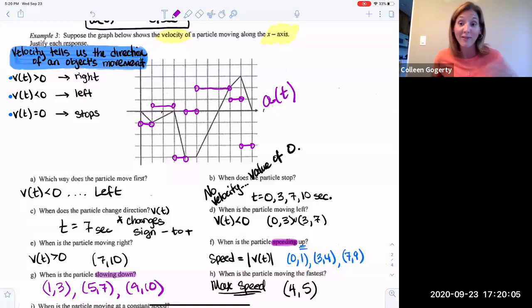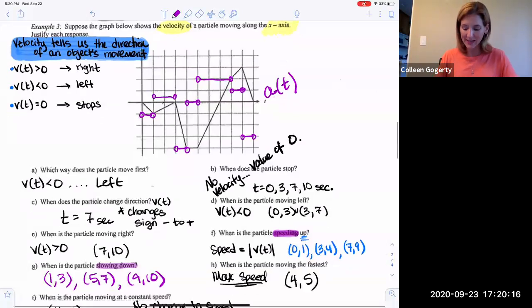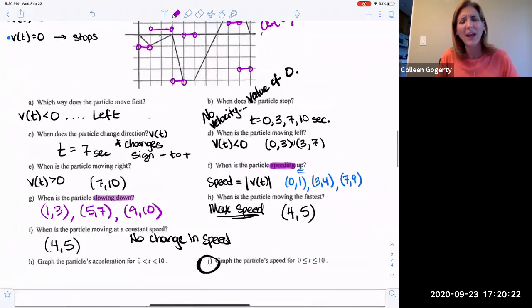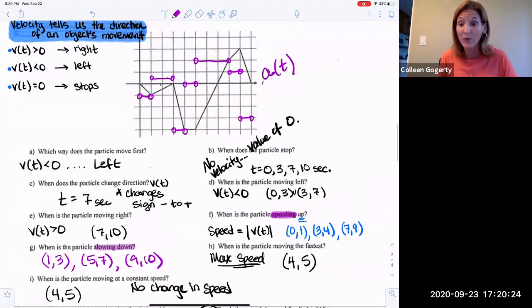Now, we are going to round this out because this was a pretty long video, and we're going to definitely talk more and more about this in class, specifically coming up with the easiest way of looking at our speed, so that we don't have to necessarily graph out the speed function to figure out where the particle would be speeding up, slowing down, where it would be at the fastest, and so forth.